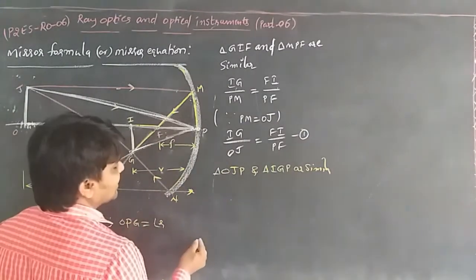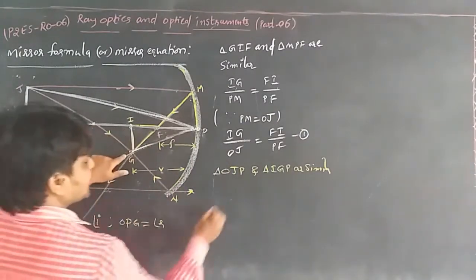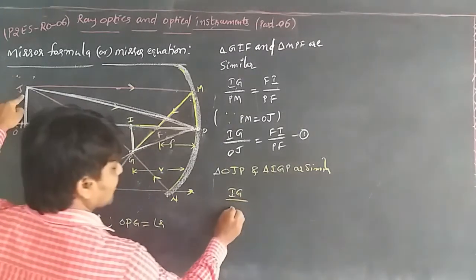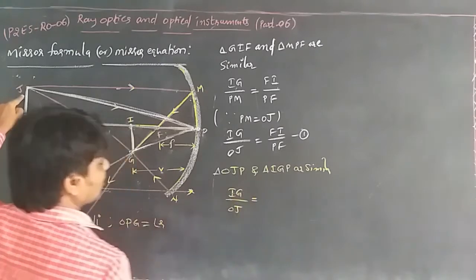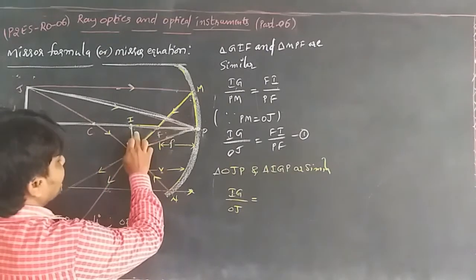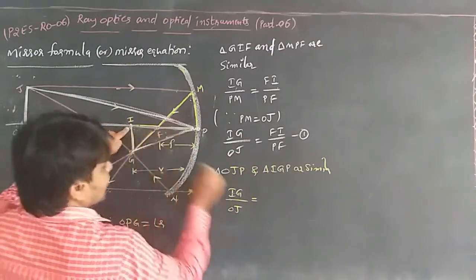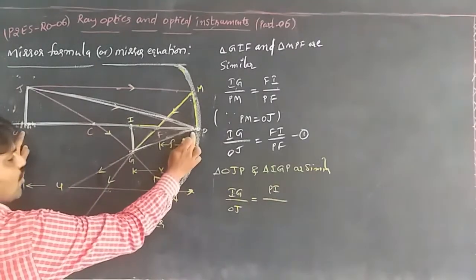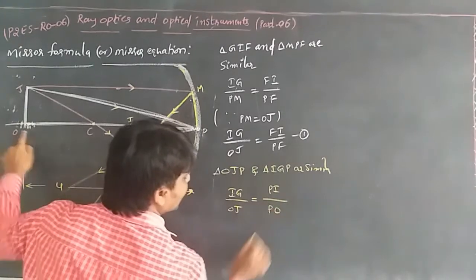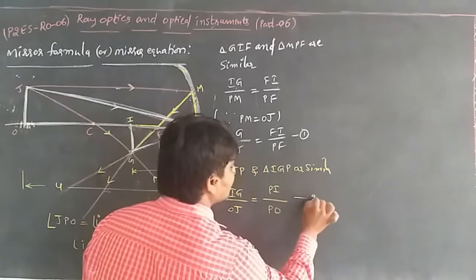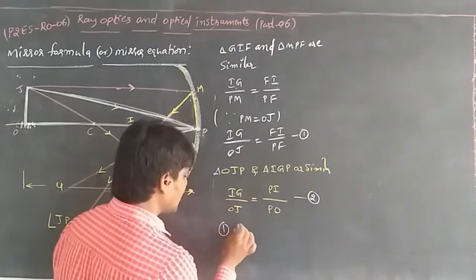From these similar triangles we can write IG by OJ, with the adjacent sides being PI by PO. Consider this equation number 2.